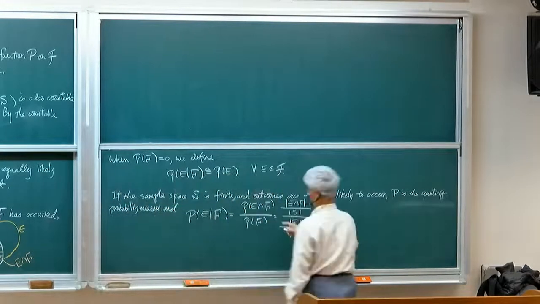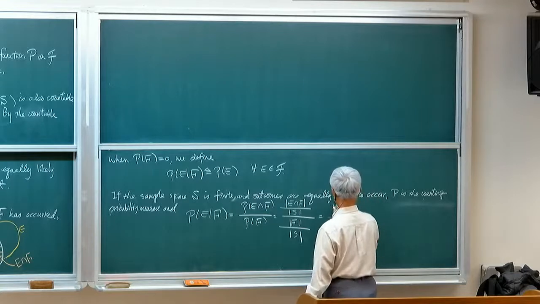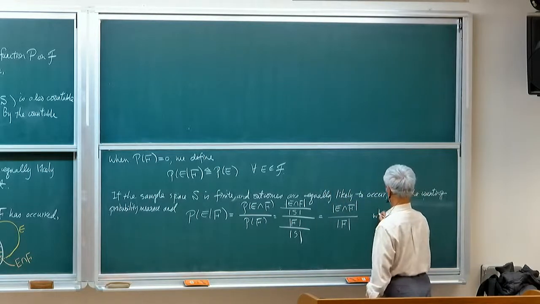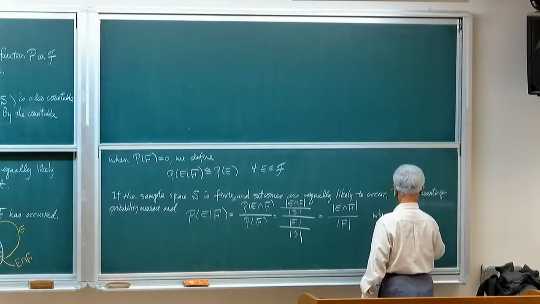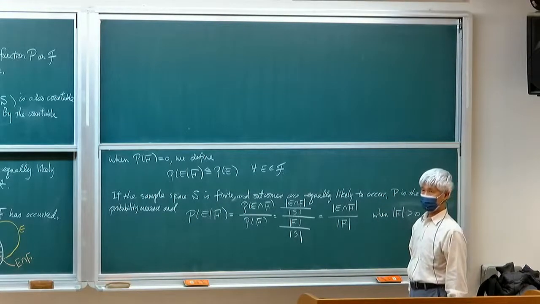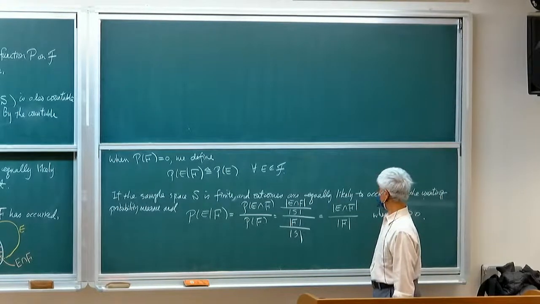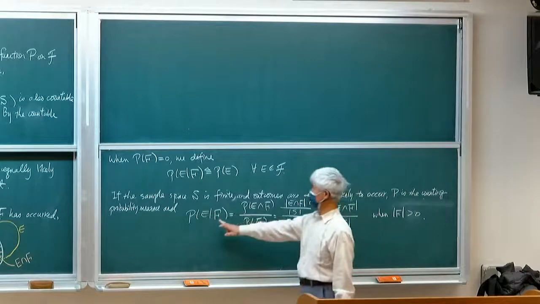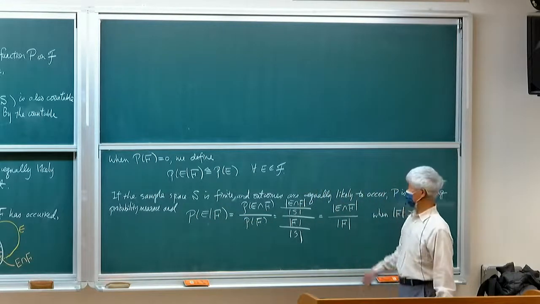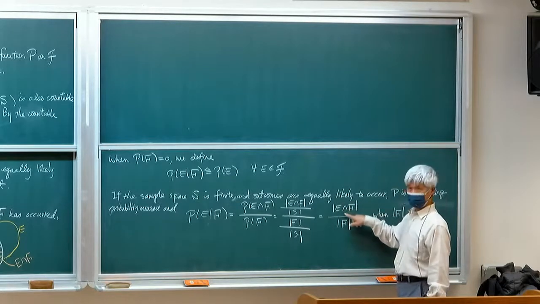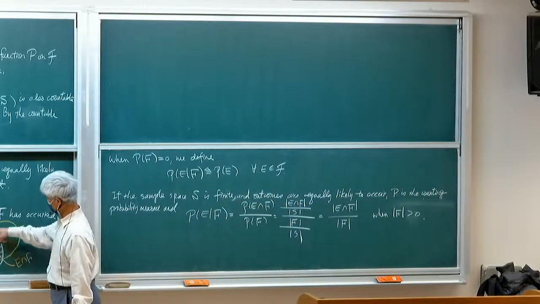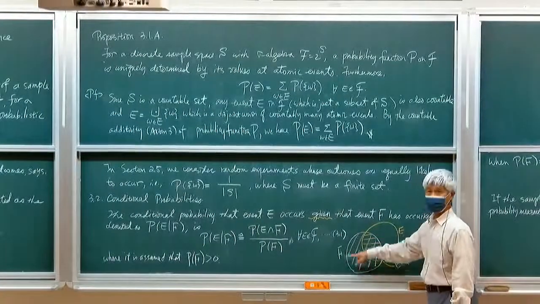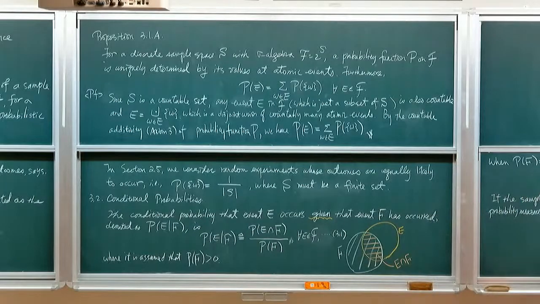And the conditional probability comes to the ratio of the size of the intersection of E and F to the size of F. So it becomes the size of the intersection divided by the size of F.